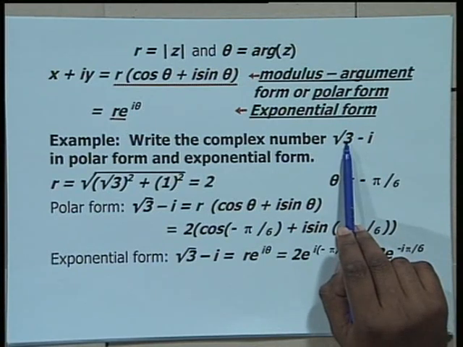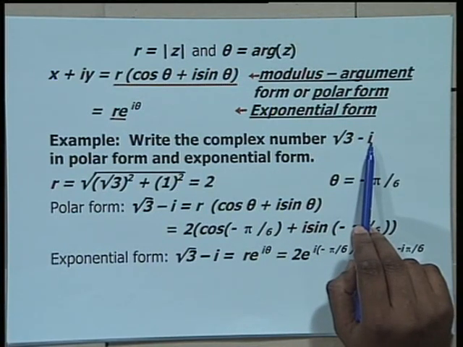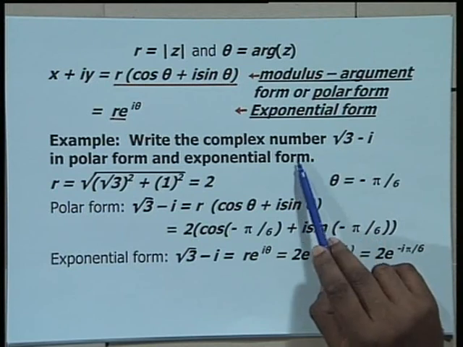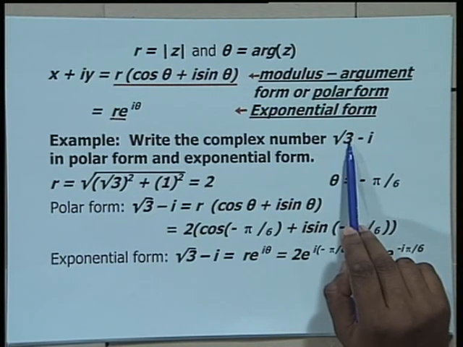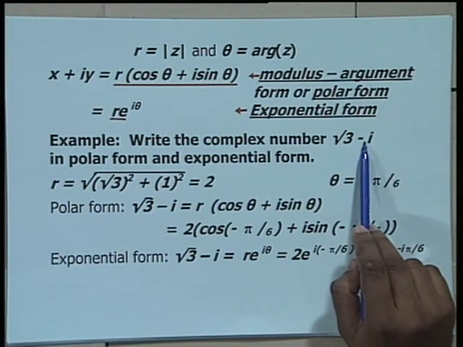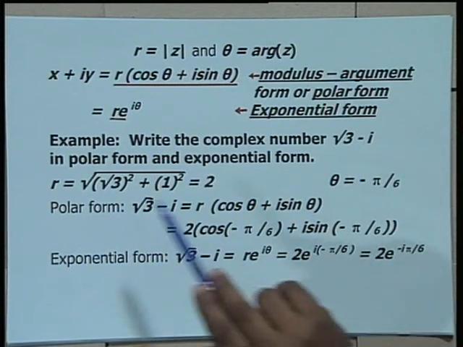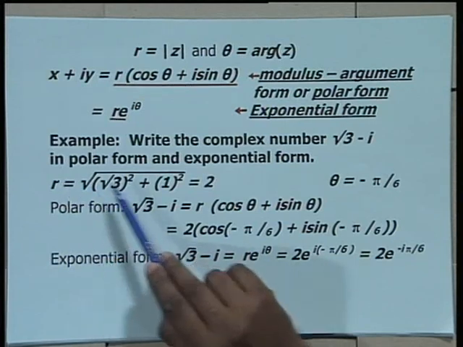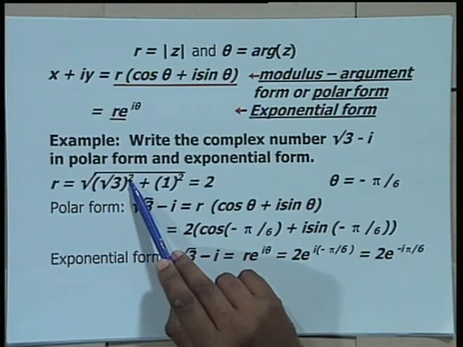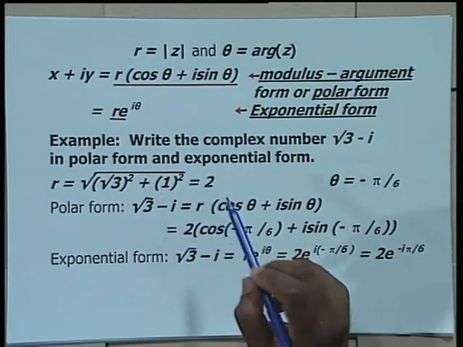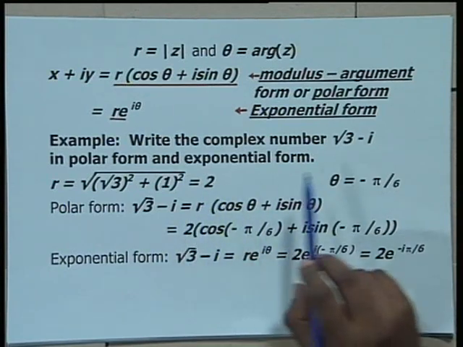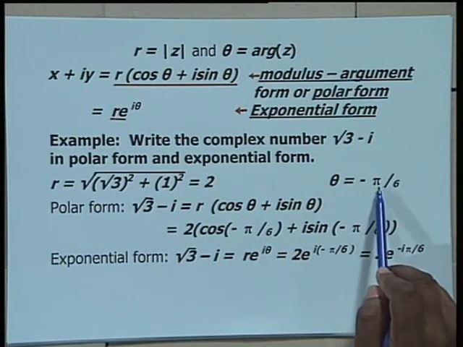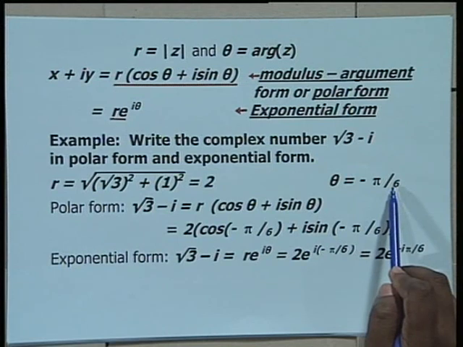How to write root 3 minus i in polar form and exponential form. Note the real part here is root 3 and the imaginary part is minus 1. So the modulus of the complex number would be given by the square root of root 3 squared plus 1 squared, which is 2. And the argument is minus pi by 6.